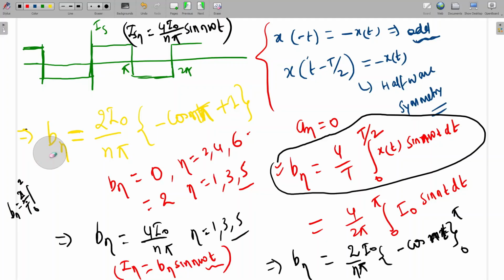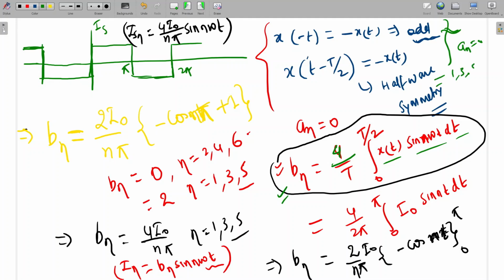But if the waveform has half wave symmetry and odd symmetry, then we can use this formula: 4 upon T, integral 0 to T by 2, f(t) sin n omega t dt. Since this is an odd signal, an will be 0, and since half wave symmetry is there, only odd components will be there, 1, 3, 5. This is a signal concept.